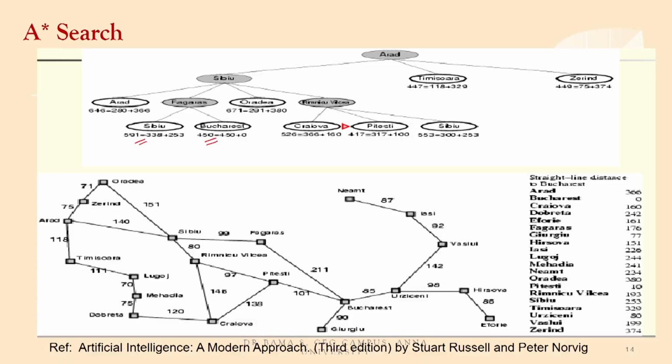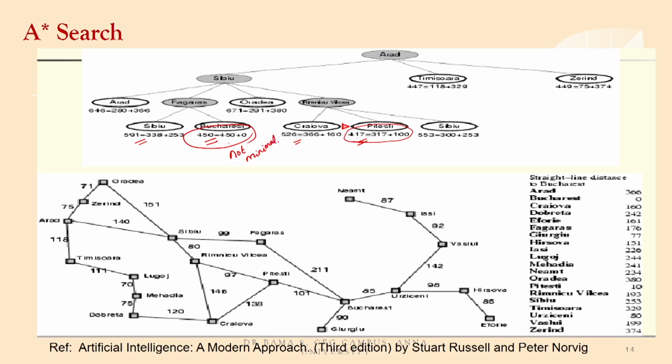The next stage, this F splits where we have S, B, Cravo, where this is going to be the minimal value. Although, see, assume that we have already reached the goal, Bucharest is already the goal, but it is not minimal.